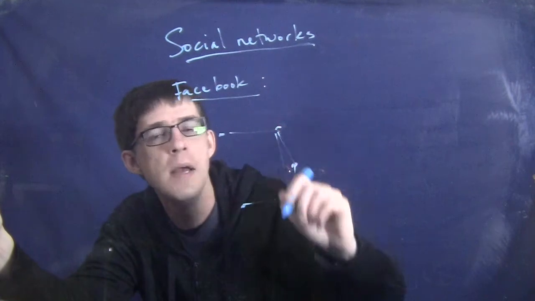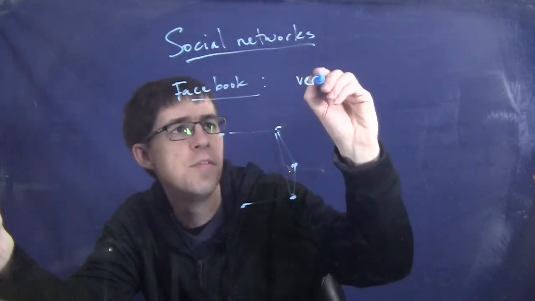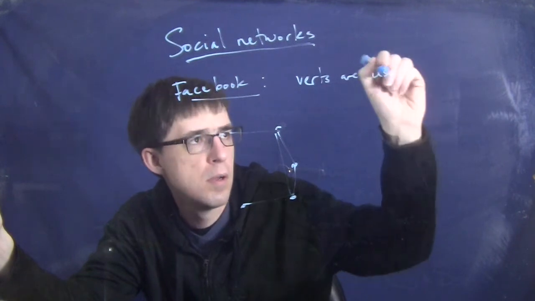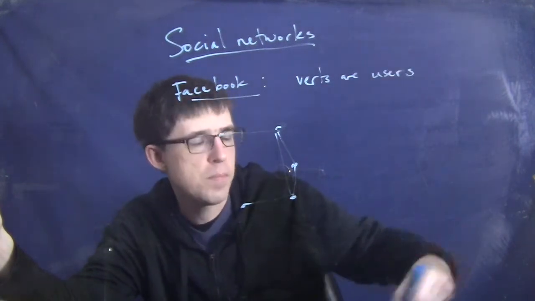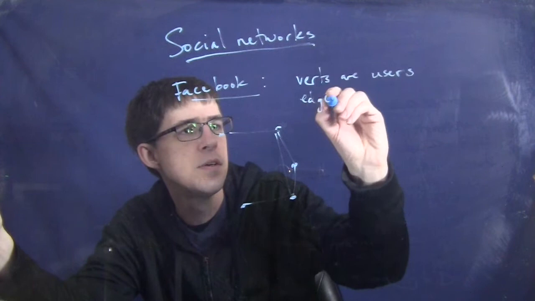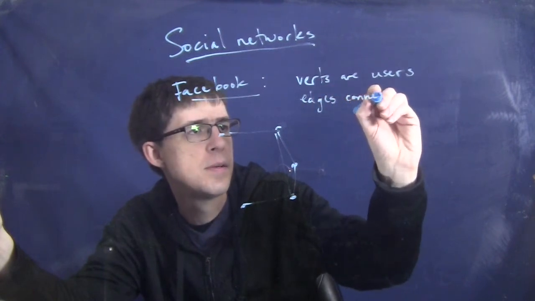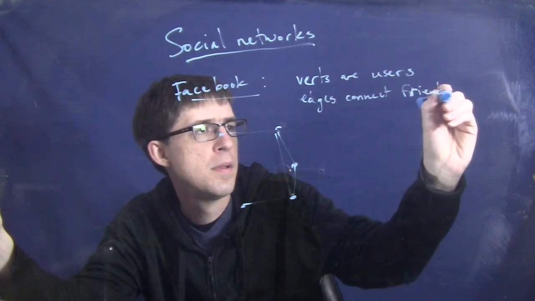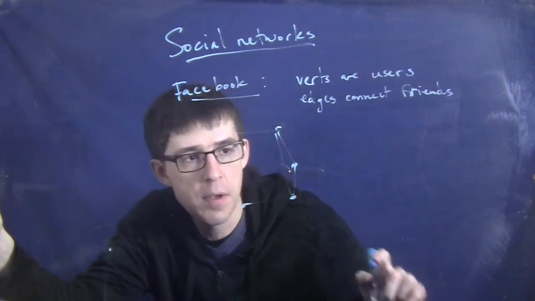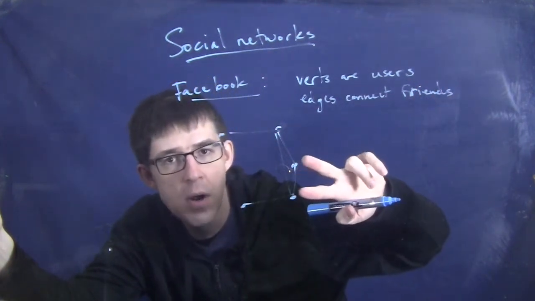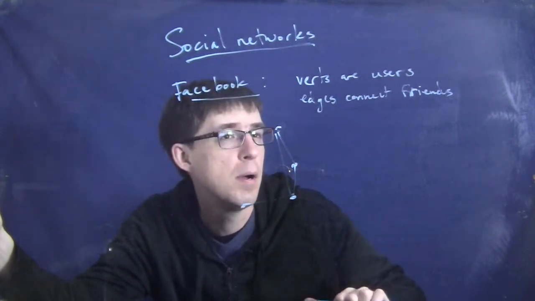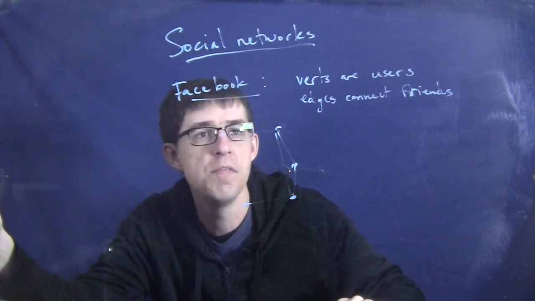So when you think of this as a graph, the vertices are Facebook users, and edges connect friends. If you are friends with somebody on Facebook, you and that person are two little dots in their graph, and they put an edge between you to represent the fact that you are friends on Facebook.